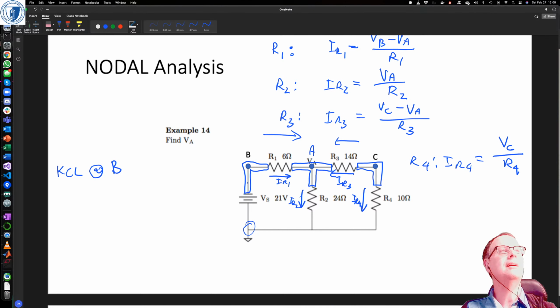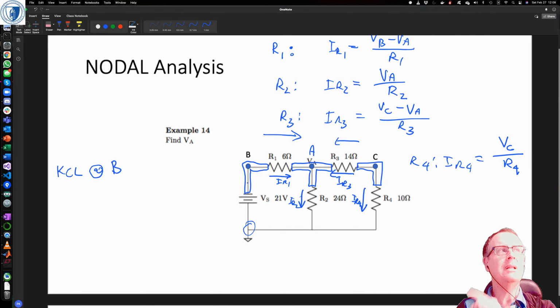And just like in mesh analysis, when there's a current source, a current source with a single mesh current flowing through it, it's a freebie.